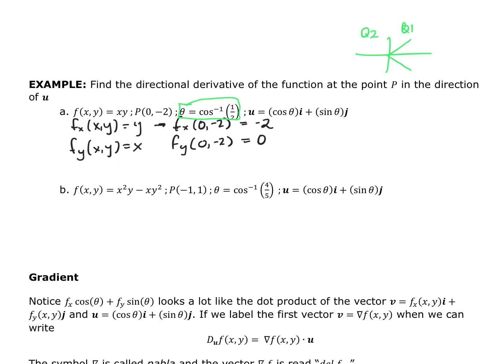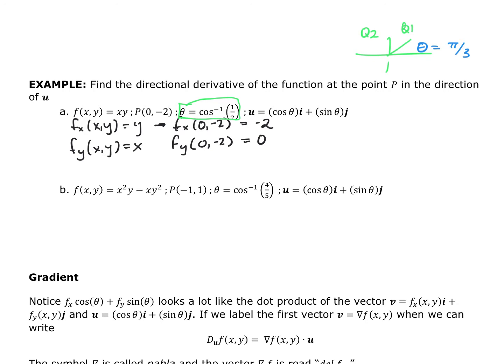So we know it has to be in quadrant 1 because that is how cosine inverse is defined. So I look at my unit circle and I say, where is cosine equal to 1/2? Well, that happens when my theta is at pi over 3.